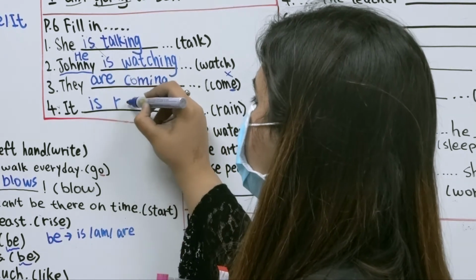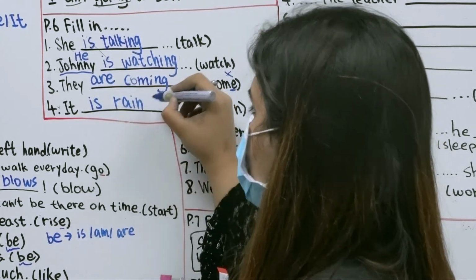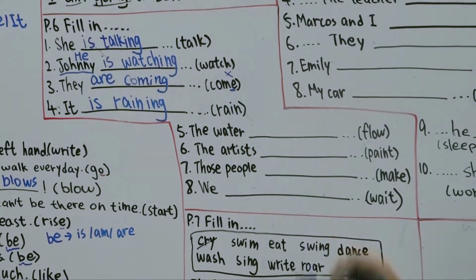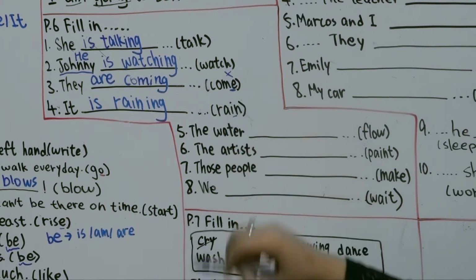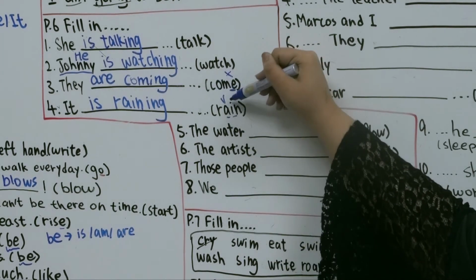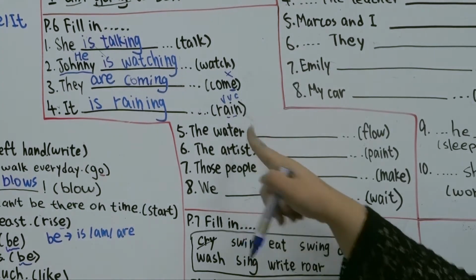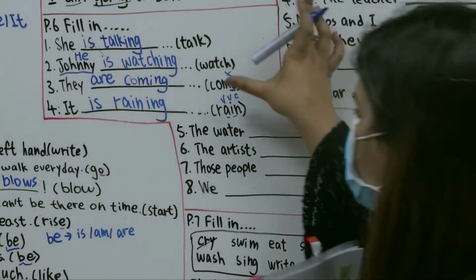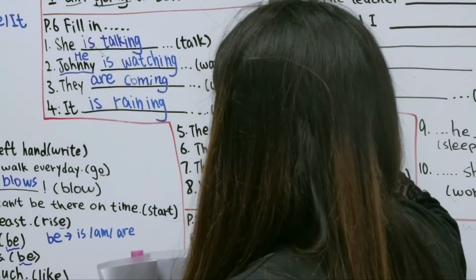Rain becomes raining. I know there's a vowel here, but there are 2 vowels. Vowel, vowel, consonant. So you don't have to double it. Okay? Remember.